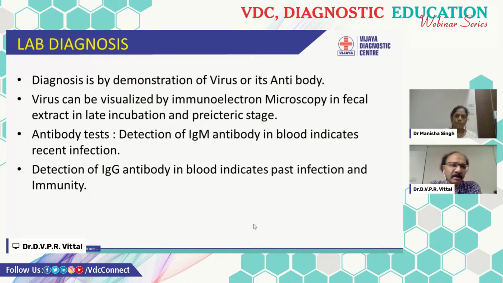So the other, easier method by which we can detect the disease caused by hepatitis A is by detection of antibodies. The detection of IgM antibody in the blood indicates a recent infection due to hepatitis A, and the detection of IgG antibody in blood indicates either a past infection or immunity due to this virus.